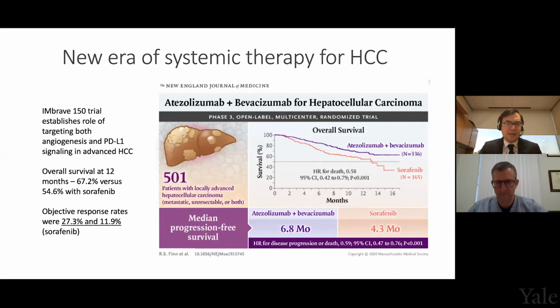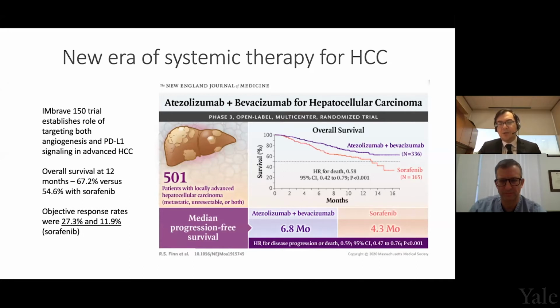And as you can see here, the combination of the immunotherapy with a VEGF inhibitor led to a dramatic change in patient survival from 54% with sorafenib, which at that point was your first-line therapy, to 67% at 12 months, and a progression-free survival change from 4.3 months to 6.8 months.